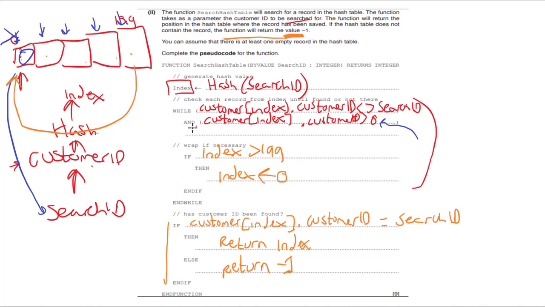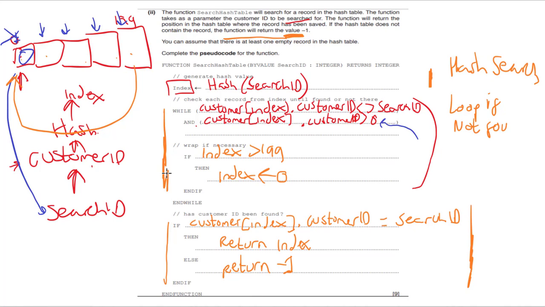So we've got two sections to this code. We've got a loop. In fact, we've got three. We've got an if statement, and we've got our hash. So step 1, hash our search. Step 2, loop if not found, and also check that whatever's inside customer index, so whatever's inside here, is greater than 0.